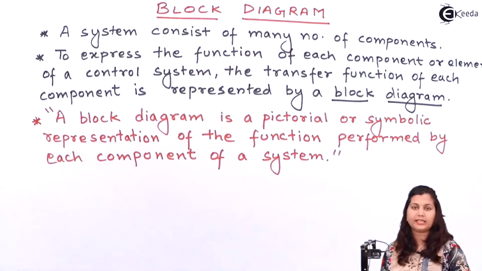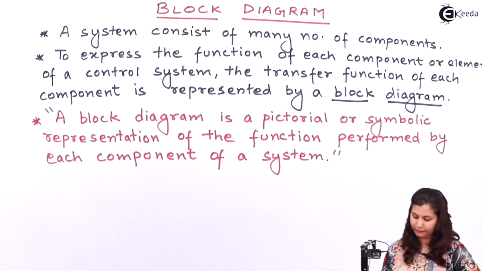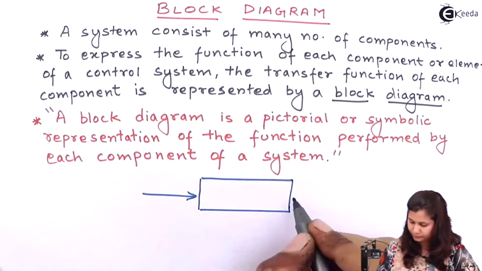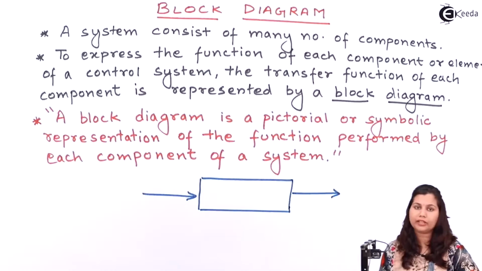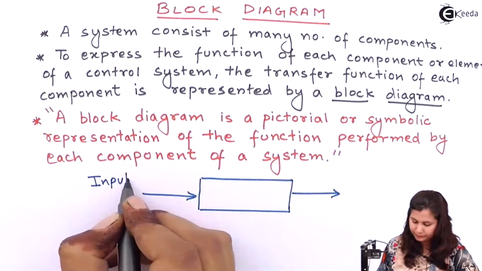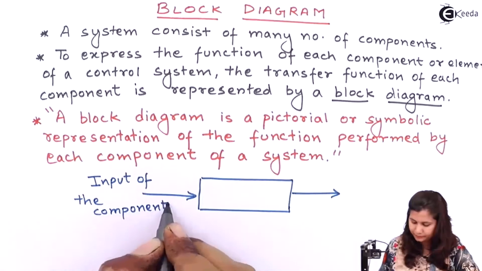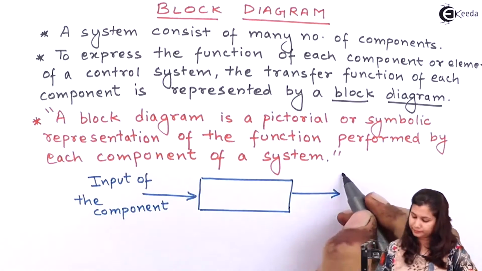So let us first see what will be the block diagram of a component. This inward arrow is showing the input of the component. And the outward arrow is showing the output of the component.